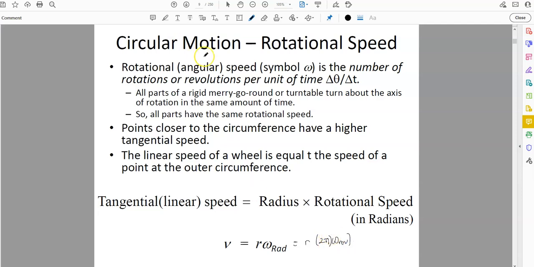So that interpretation right here of rads, omega rad, is actually 2 pi times omega revolution, okay? So you'll see that often in your book. So whenever you see an omega times r, that's actually 2 pi times the number of revolutions per second it made in a period of time. Or you could say the number of radians per second times r. The 2 pi is built into that interpretation. Okay.